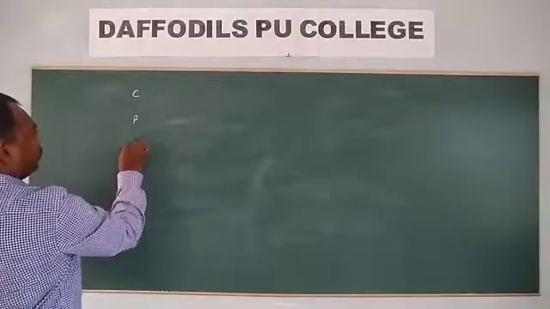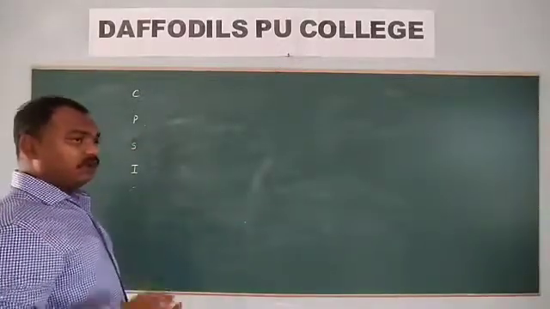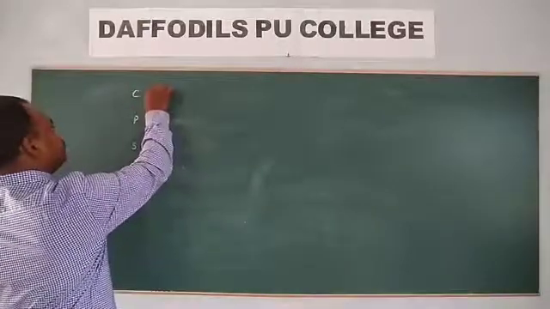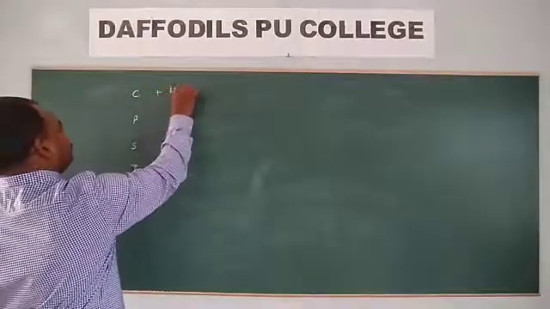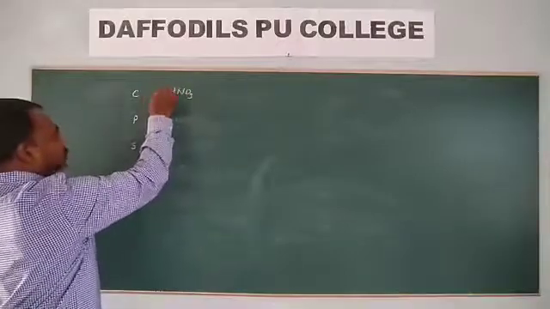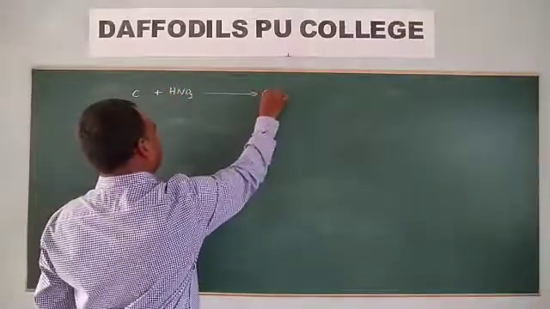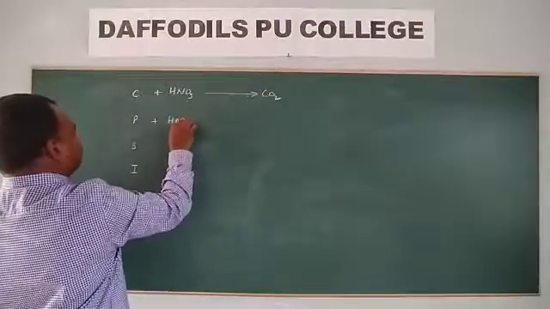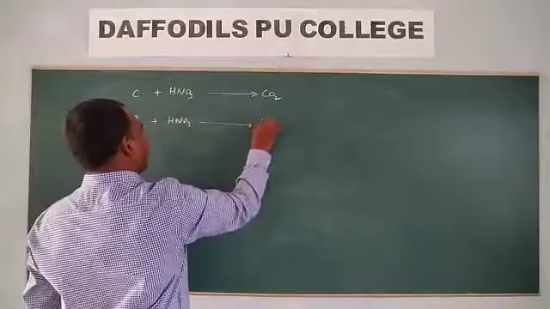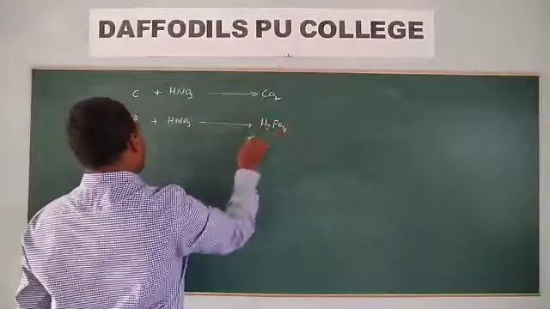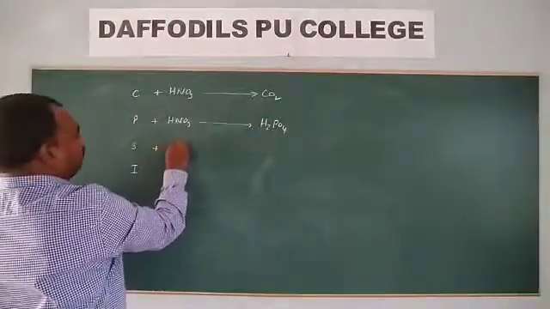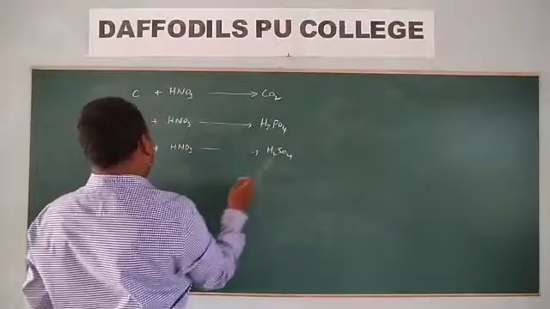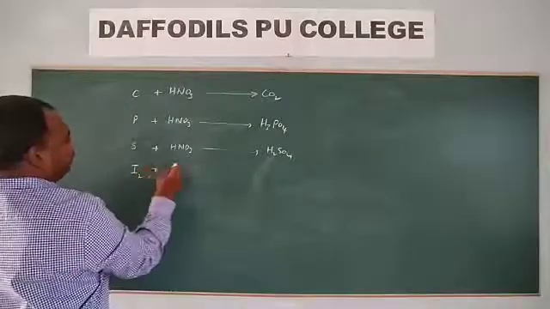But nitric acid is a stronger oxidizing agent than these non-metals. Hence, nitric acid oxidizes carbon to carbon dioxide, phosphorus to phosphoric acid, sulfur to sulfuric acid, iodine to iodic acid.